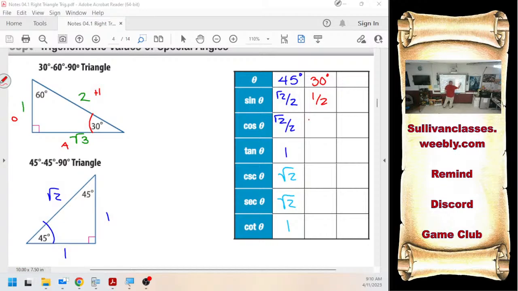Square root of 3 over 2. Tangent. Opposite over adjacent becomes 1 over square root of 3, which I rationalize. Square root of 3 over 3. Remember, 1 over square root of 3. Cool? Okay.